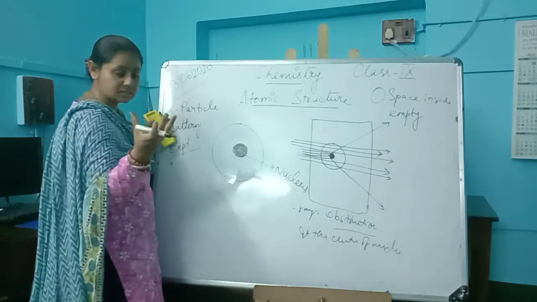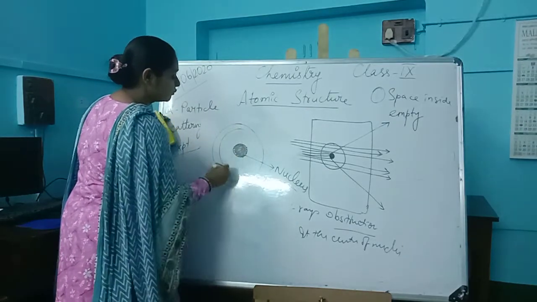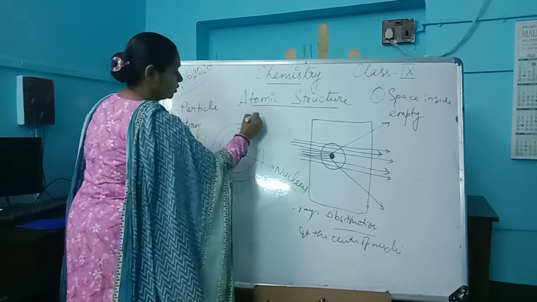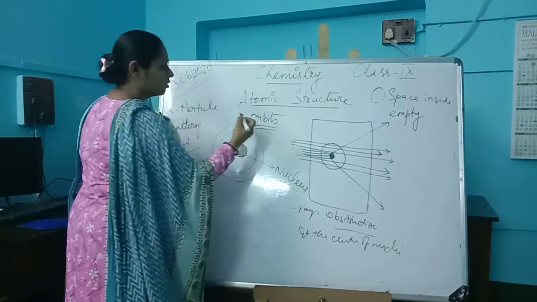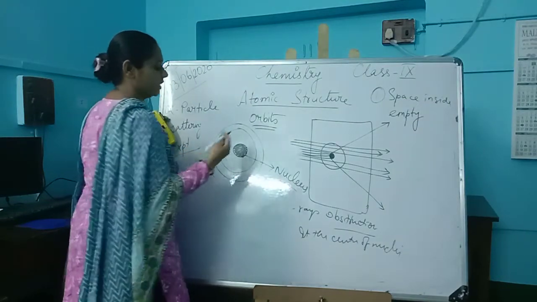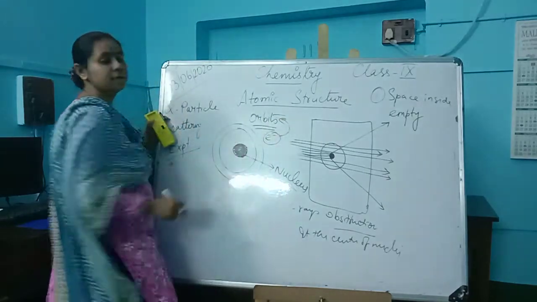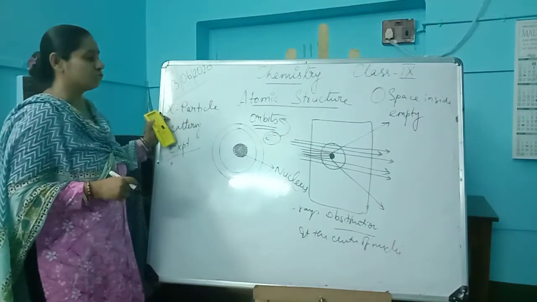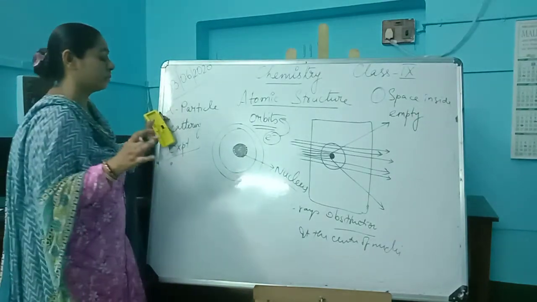According to him, electrons are moving in fixed paths, which we call orbits.